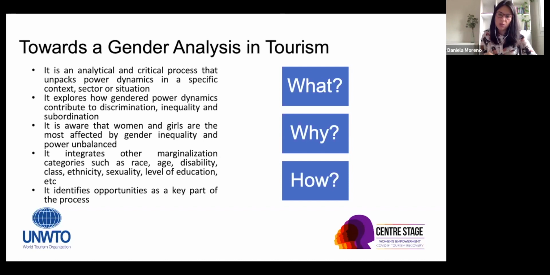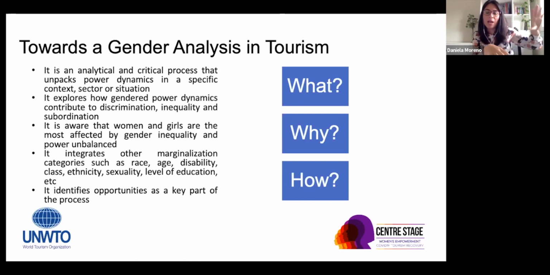And then we have to answer the how. These are the mechanisms that support a particular situation linked to discrimination or inequality. But we also have to answer these three main questions when we face an opportunity. What is the opportunity that I see here? Why is this opportunity a reality?